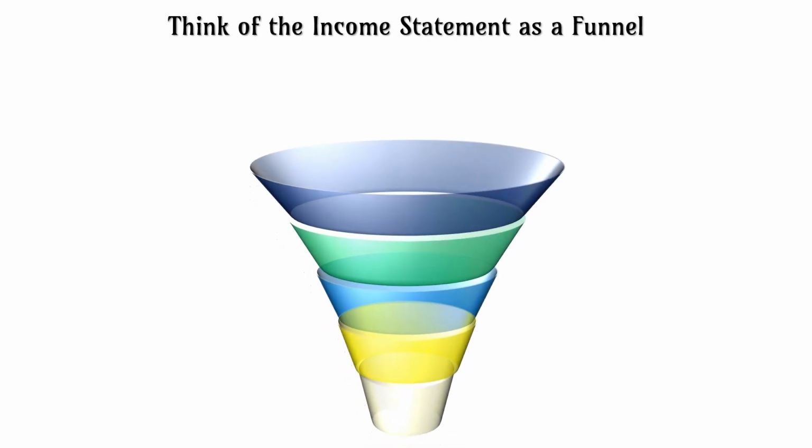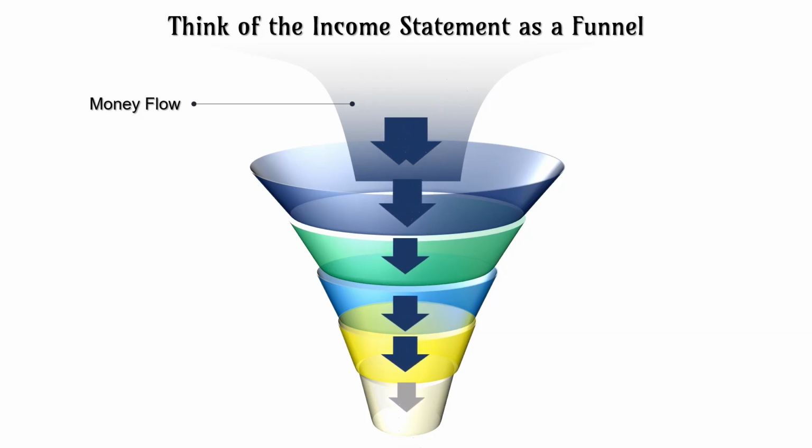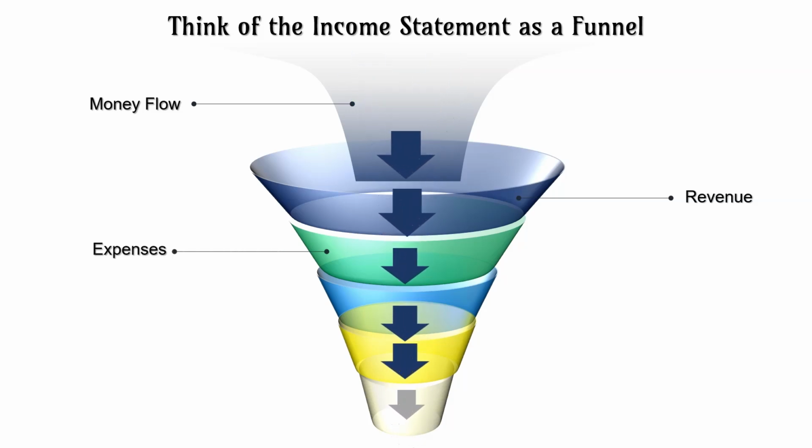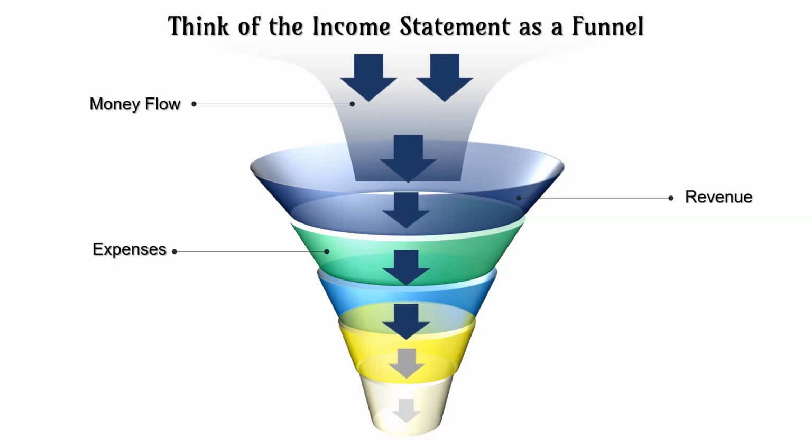Imagine the income statement as a funnel, with money flowing through various stages. At the wide top, we begin with revenue, the total money coming into the business. As it flows down, expenses are subtracted, like the costs of running the business, such as salaries, rent, and utilities.